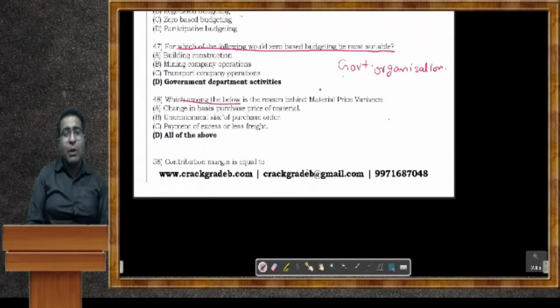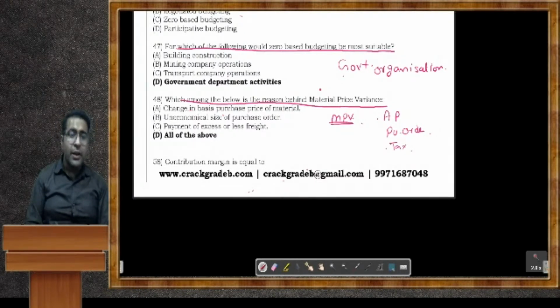Which among the below is the reason behind the material price variance? Why does the material price variance arise? Either there is a change in the actual price, or a change in the purchase order, or you have paid excess taxes and other things. First point, change in the basic purchase price of the material, yes.